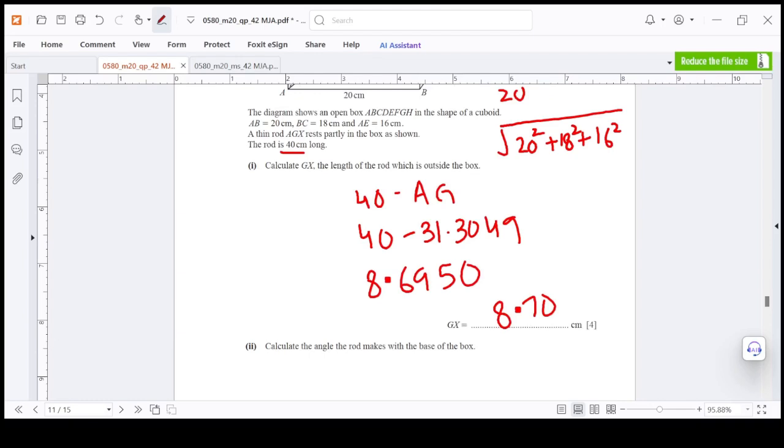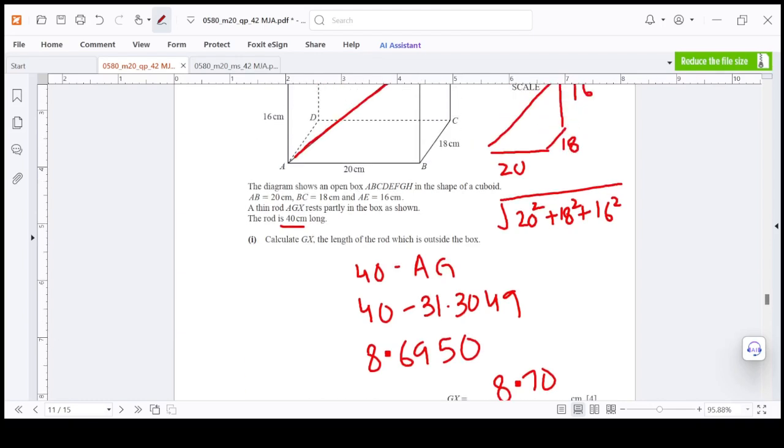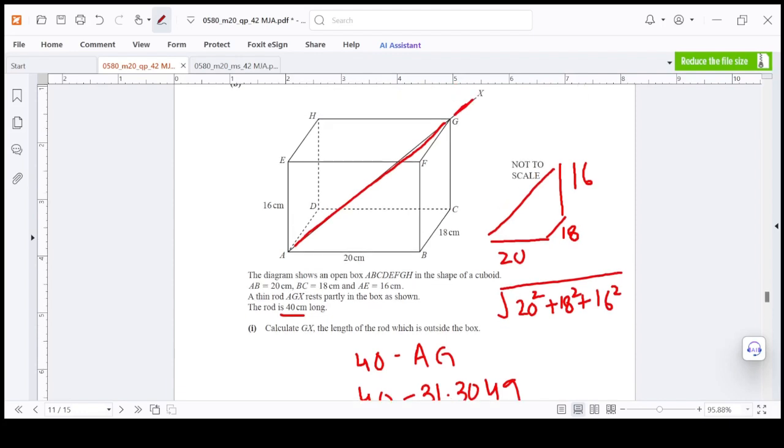Calculate the angle that the rod makes with the base of the box. Okay. Now, for this, you need the diagonal always. The angle between the rod, or the hypotenuse, and the base has to be with the diagonal of the base.